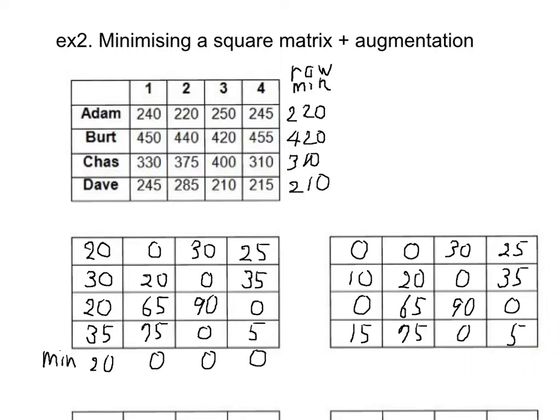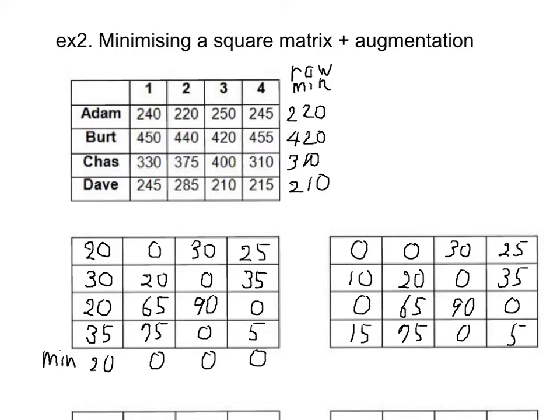I'm going to test to see if I found the optimal solution. To do that, I'm going to do just like what I did in video 1, which is to go through as many zeros as possible using a line, and then try to cross off all the numbers in the matrix using just 4 lines.